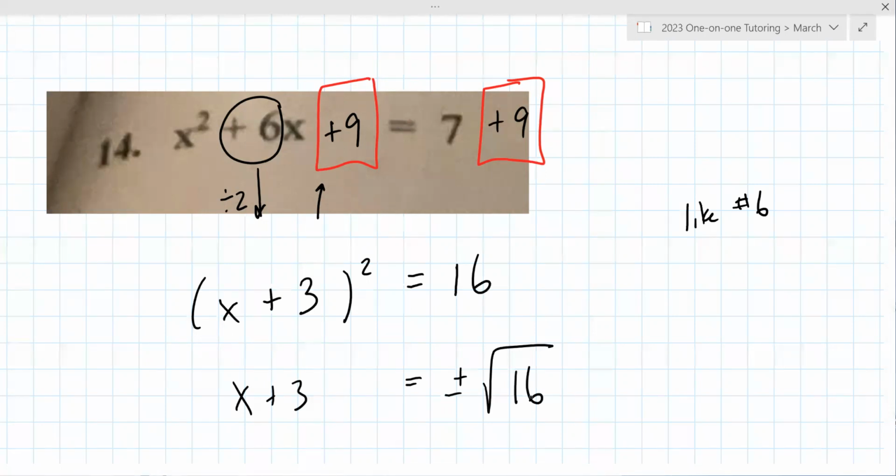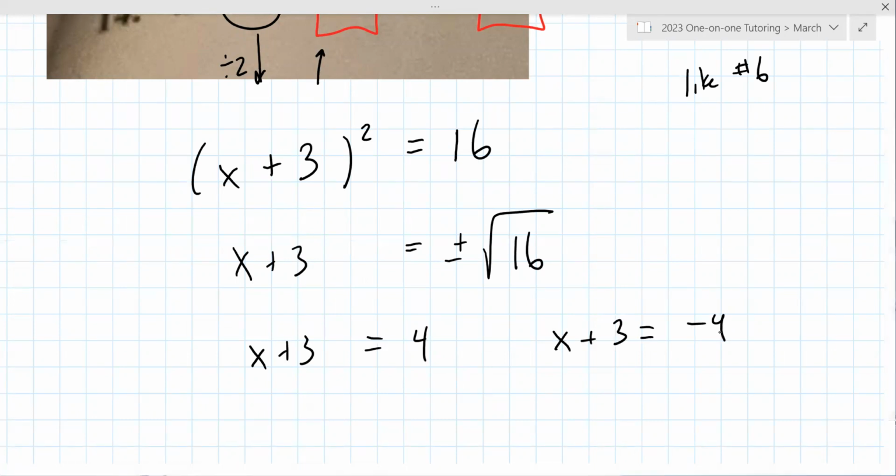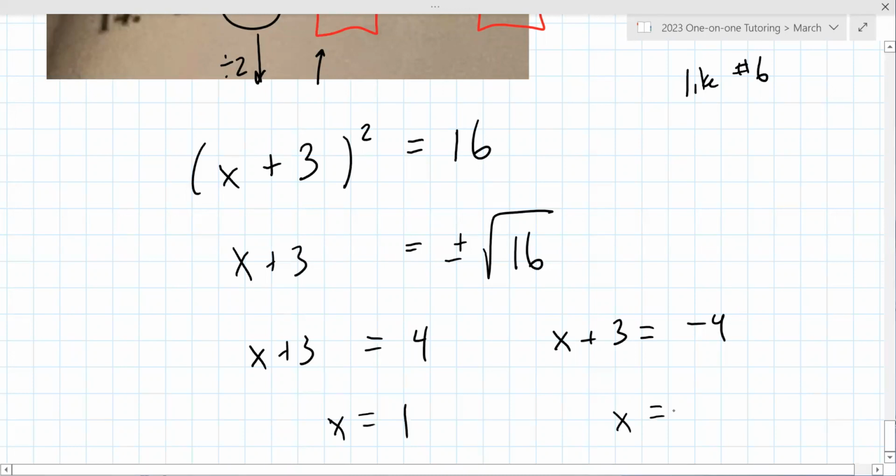So it becomes like case 1, case 2. You get 4 and -4, and you have to solve them both. x equals 1 and x equals -7. Yes, very good.